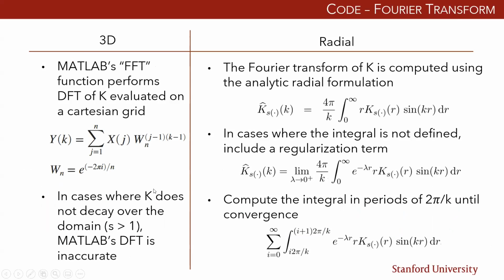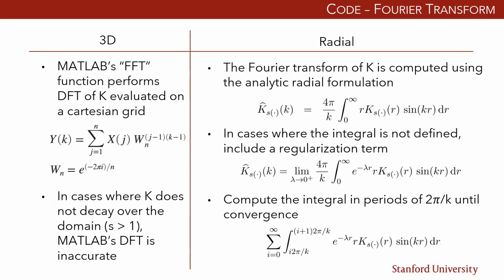So we came up with a couple of different ways to do the Fourier transform. Our first approach was just to use MATLAB's FFT function, which does a discrete Fourier transform of k and also of g on the Cartesian grid according to this formula that I'm sure you're all familiar with.